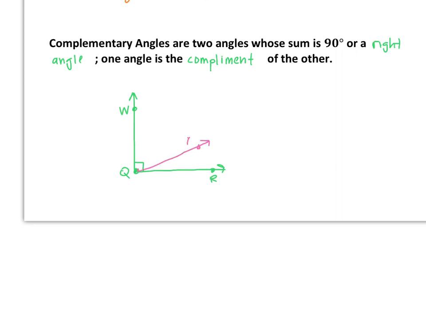We'll call that B, so that's ray QB. All right, so then angle WQB and angle BQR are complementary.